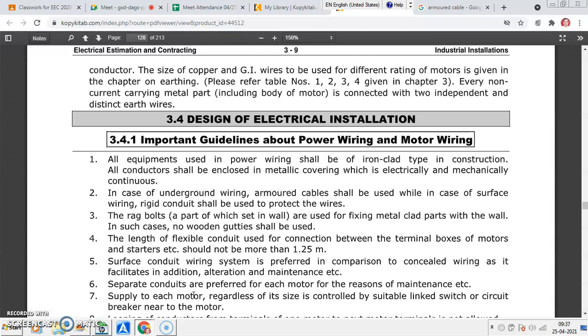Then surface conduit wiring is also important, which is preferred in comparison to concealed wiring, because normally in industry we have heavy loads.